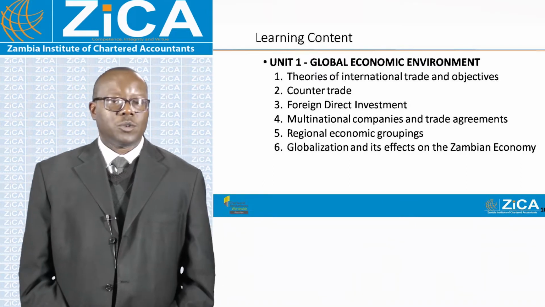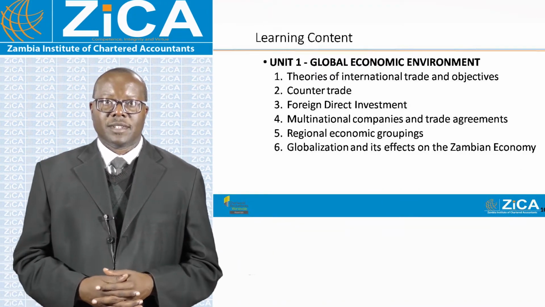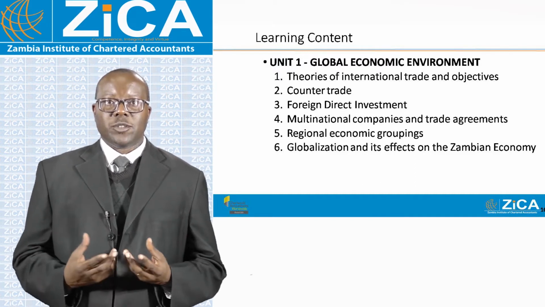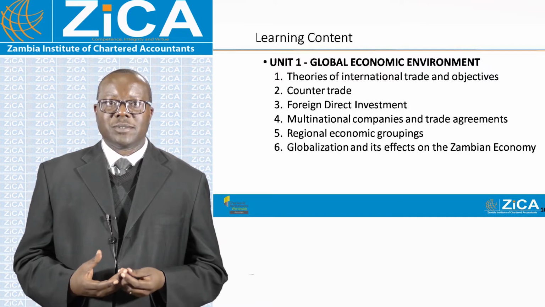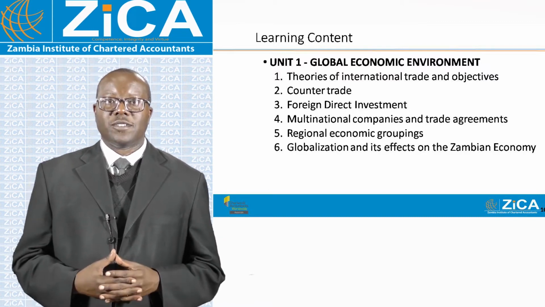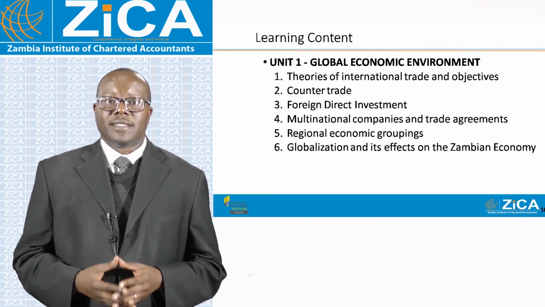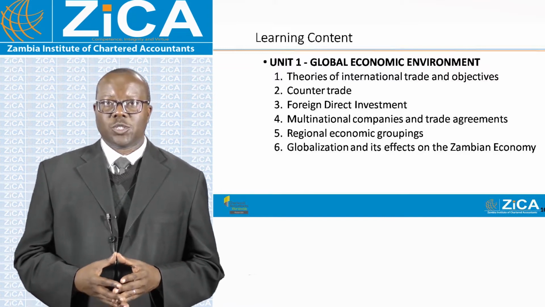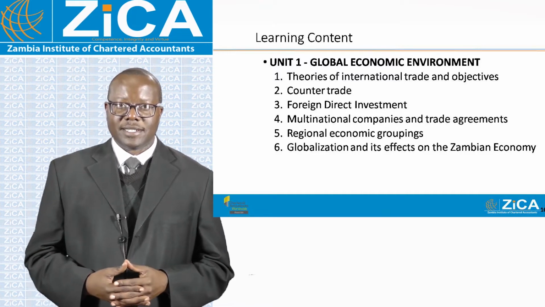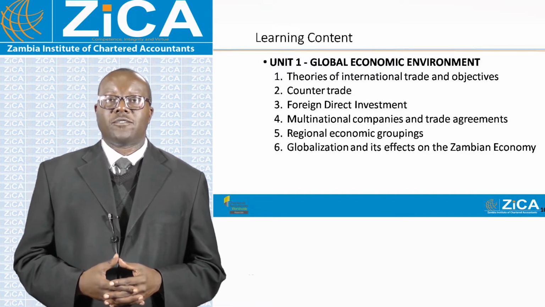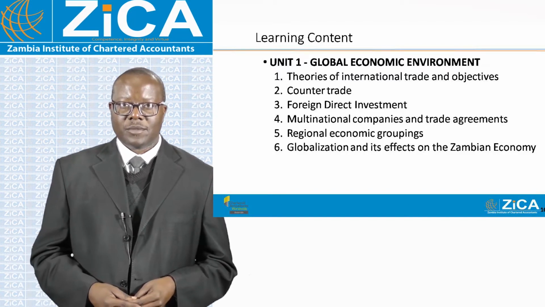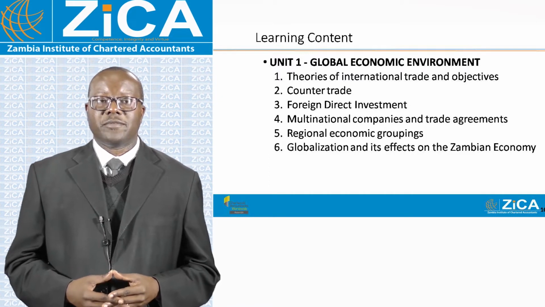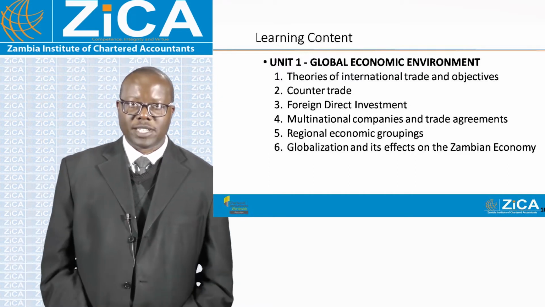Unit 1, Global Economic Environment. Under Unit 1, Global Economic Environment, the unit elements which should be covered are as follows. 1, theories of international trade and objectives. 2, counter trend. 3, foreign direct investment. 4, multinational companies and trade agreements. 5, regional economic groupings.